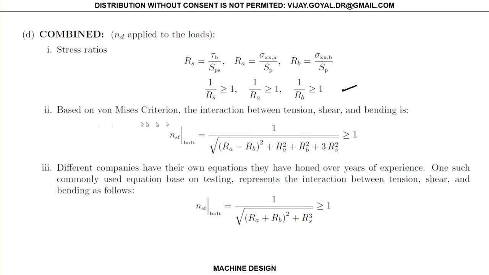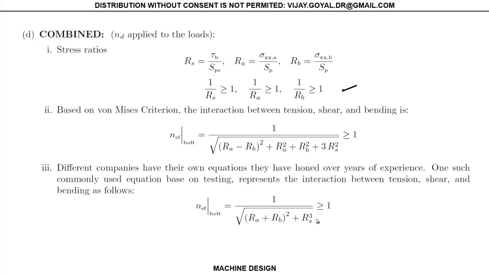But then based on the von Mises criterion, you can show that your factor of safety of the bolt is actually given by these ratios. This is what we typically and commonly do in the aerospace industry and many other places. This has come from old NACA tech notes. There are many different variations for this, many different interaction equations. This could be another such equation.